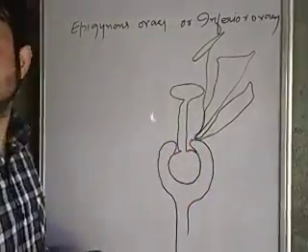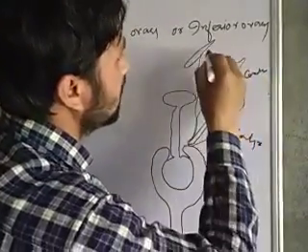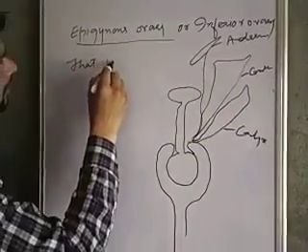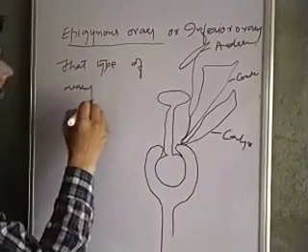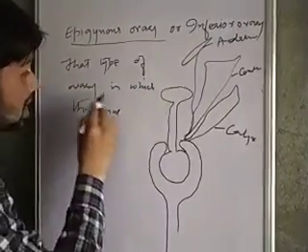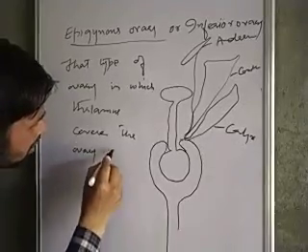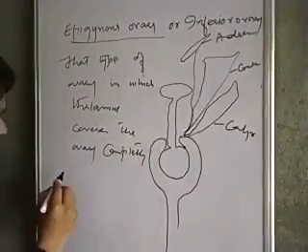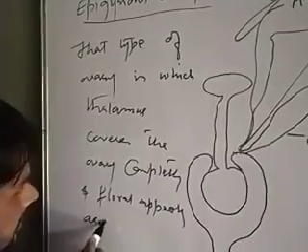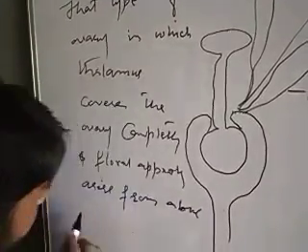So this is calyx, corolla, androecium. That type of ovary in which the thalamus covers the ovary completely and floral appendages arise from above the ovary.